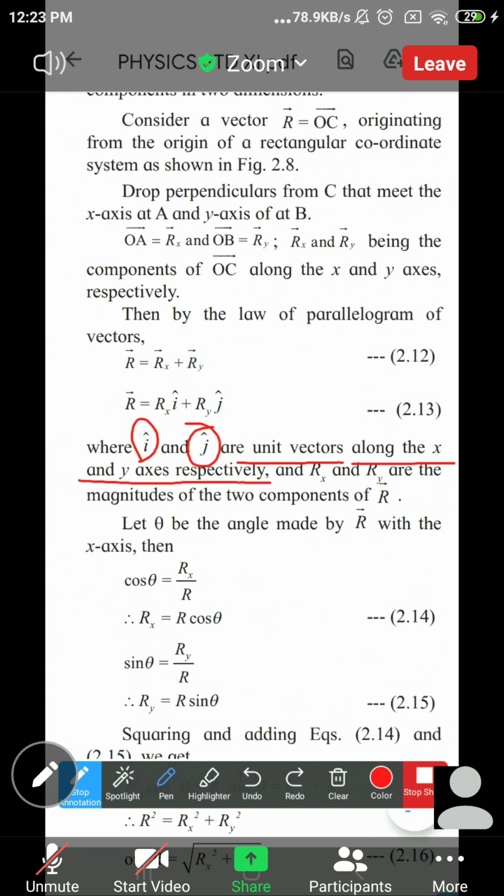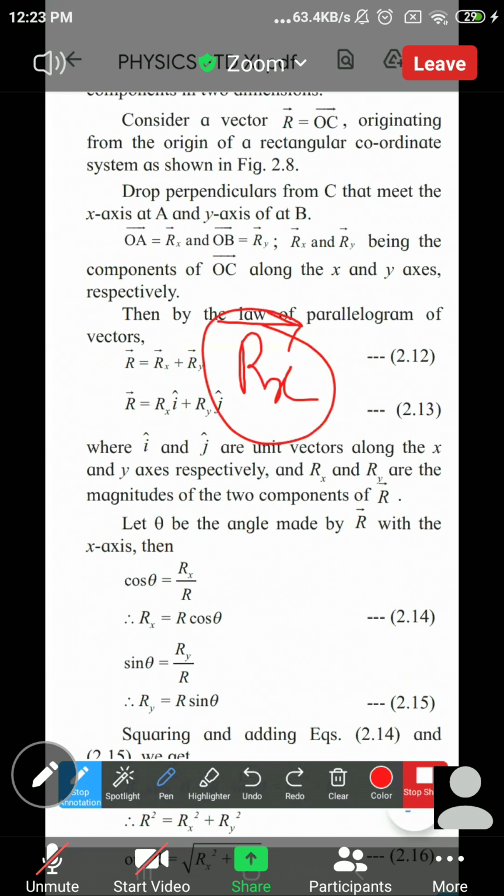And see here, what is the difference between Rx bar and only Rx? There the bar is not written. Only Rx is the magnitude. वो क्या है? Magnitude है. Rx magnitude है and Rx bar ये वेक्टर है और इस वेक्टर की मैग्नीट्यूड Rx है.